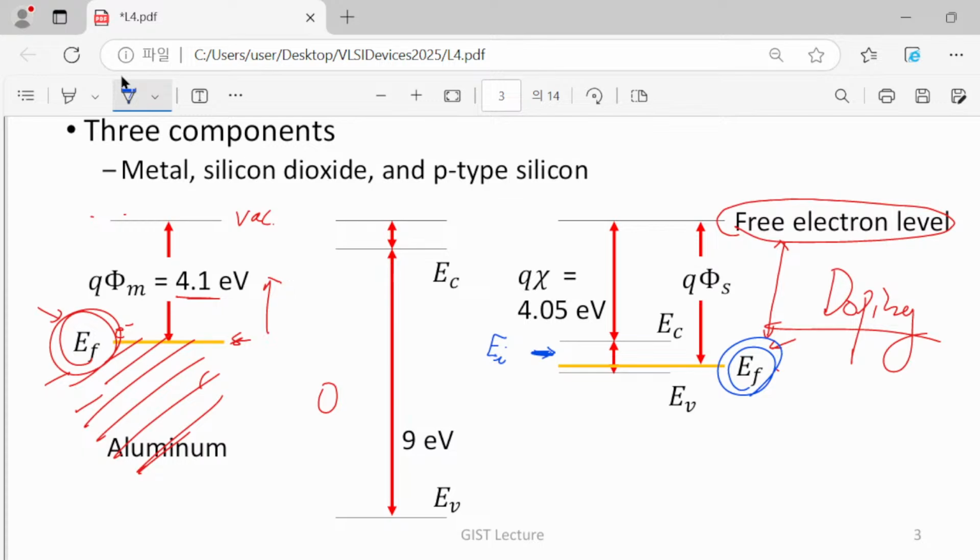Therefore, of course, for silicon we can also define a work function. However, if we define the work function as just the difference between the vacuum level and the Fermi level, then depending on the doping concentration, this work function can differ.